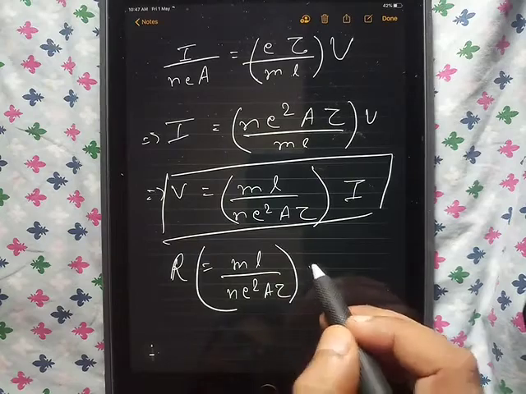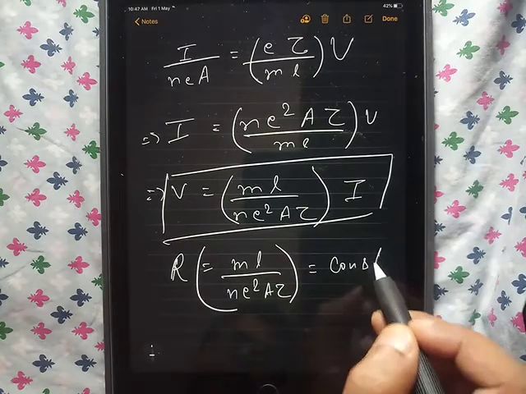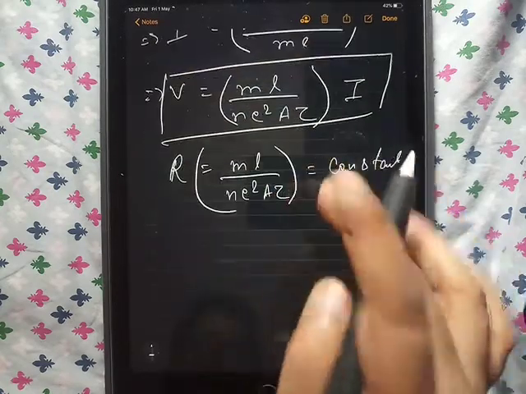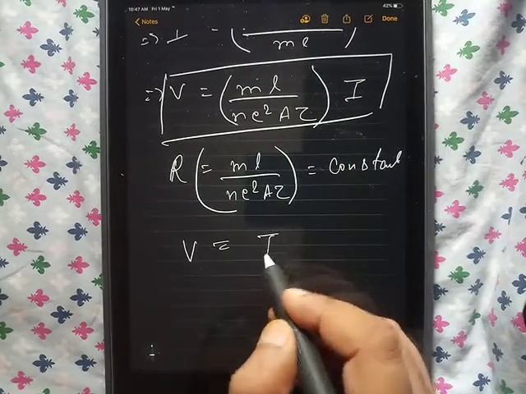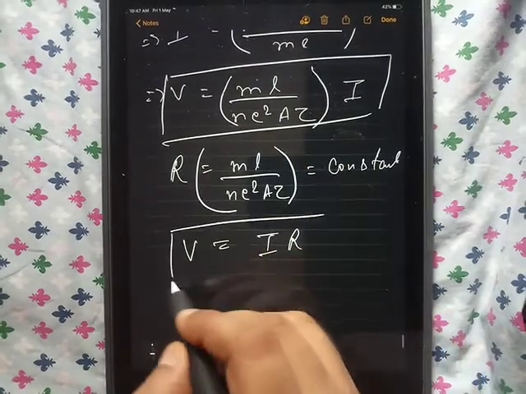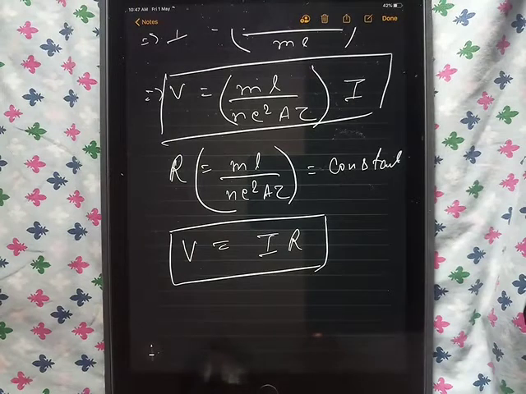So V equals I R. This is Ohm's law. With the help of drift velocity, we derived Ohm's law.